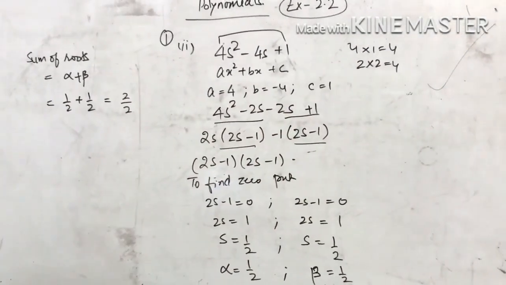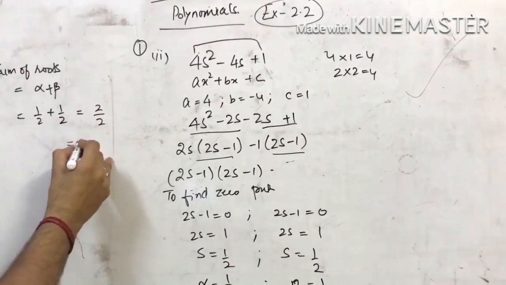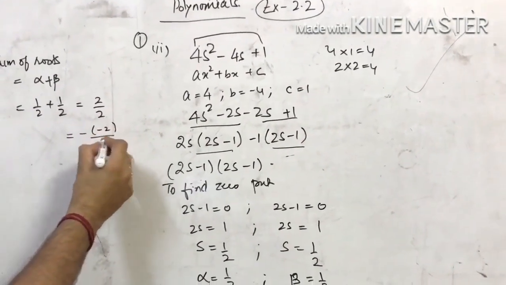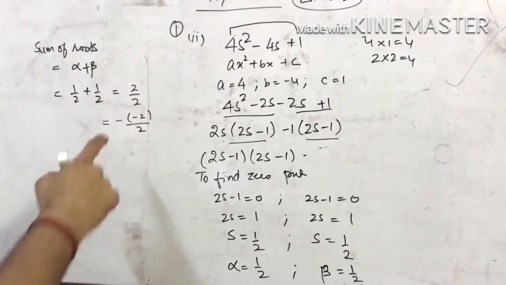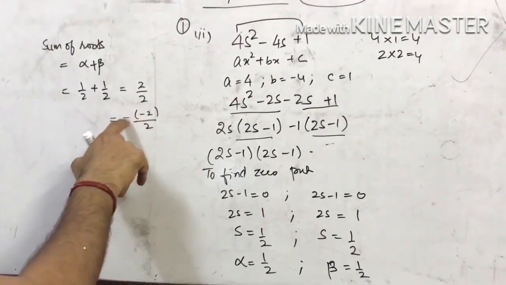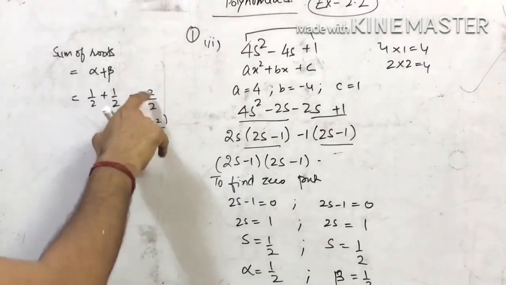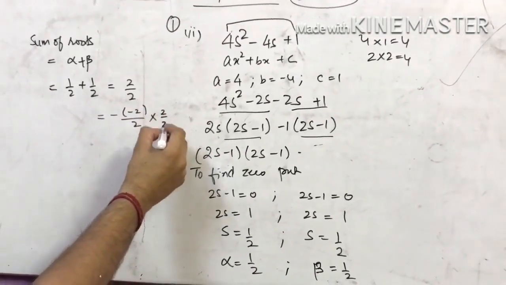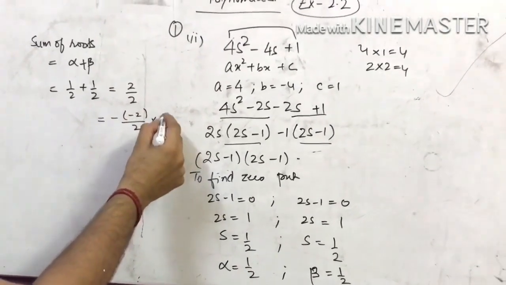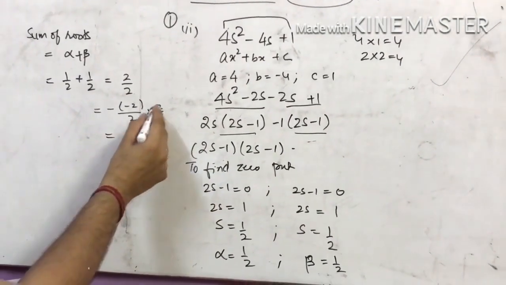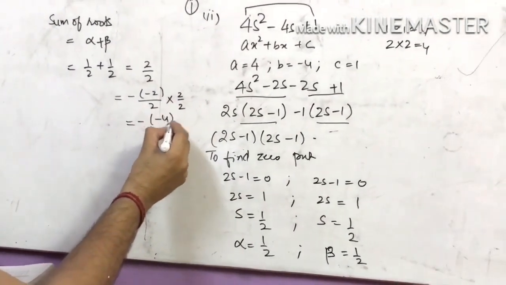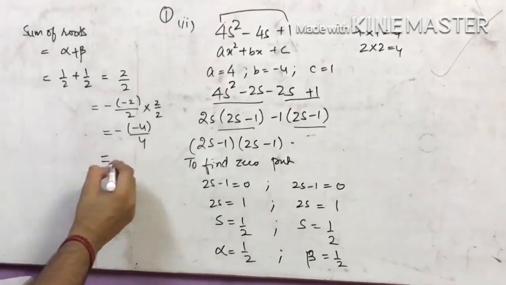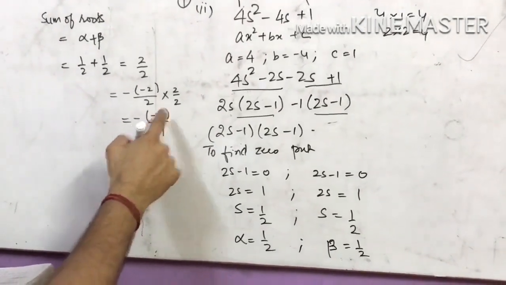Now what to do? So do one thing. You write down minus 2 by 2. Okay, one thing. Why you are putting minus? So that when they will multiply, you will get it again plus 2. Now you need 4. So multiply the whole number, this rational number by 2 by 2. It will not affect the question, but you will get minus 4 over 4. Now see, this minus 4 is what?